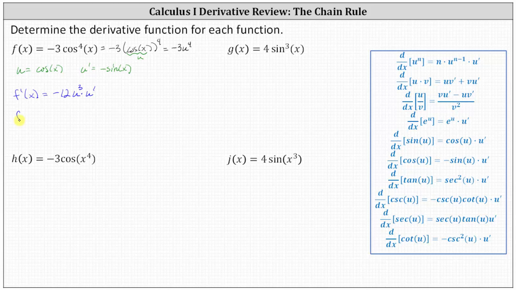This gives us f prime of x is equal to negative 12 times u to the third, which is really cosine x to the third, and times u prime, which is negative sine x. Let's go ahead and simplify this. Let's write this as f prime of x equals negative 12 cosine cubed x times sine x.